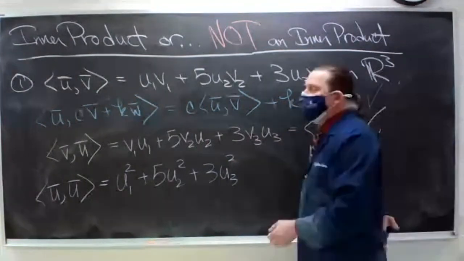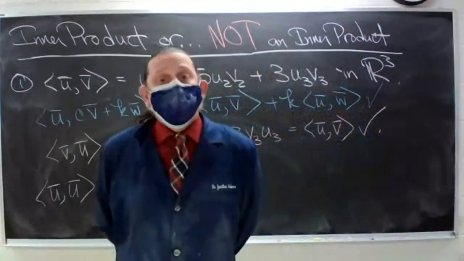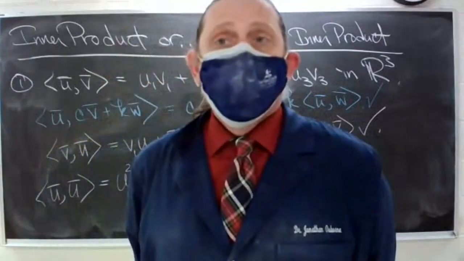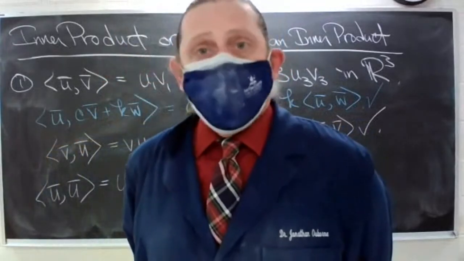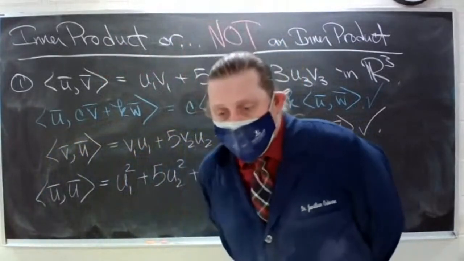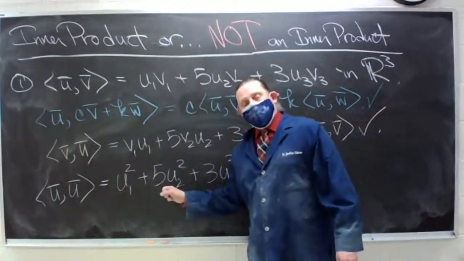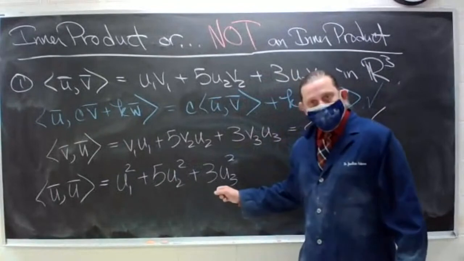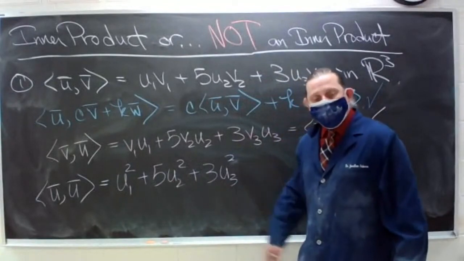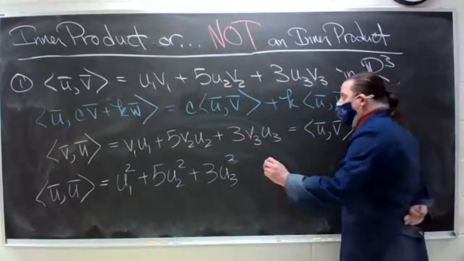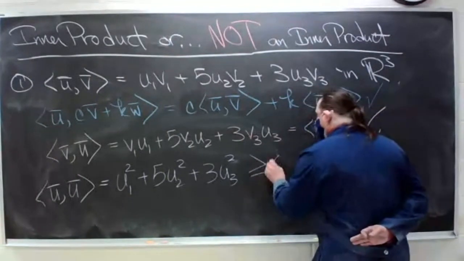Now, once again, we're only working with real numbers. The square of any real number is non-negative, greater than or equal to 0, greater than or equal to 0, greater than or equal to 0. If I add them all up, guess what? I'm going to get something that's greater than or equal to 0.